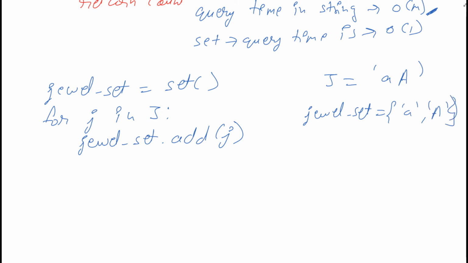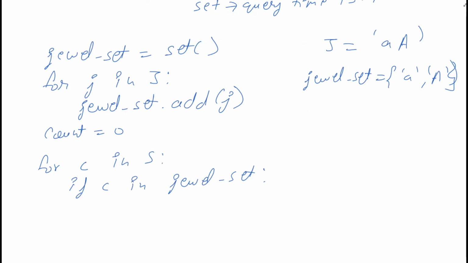Now the rest of the program will be the same. We'll use a count variable, and now we will iterate over all the stones. So we can say for c in S, if c in jewel set, we will increase the count, count plus equal to 1, and then finally we will return the value of count.